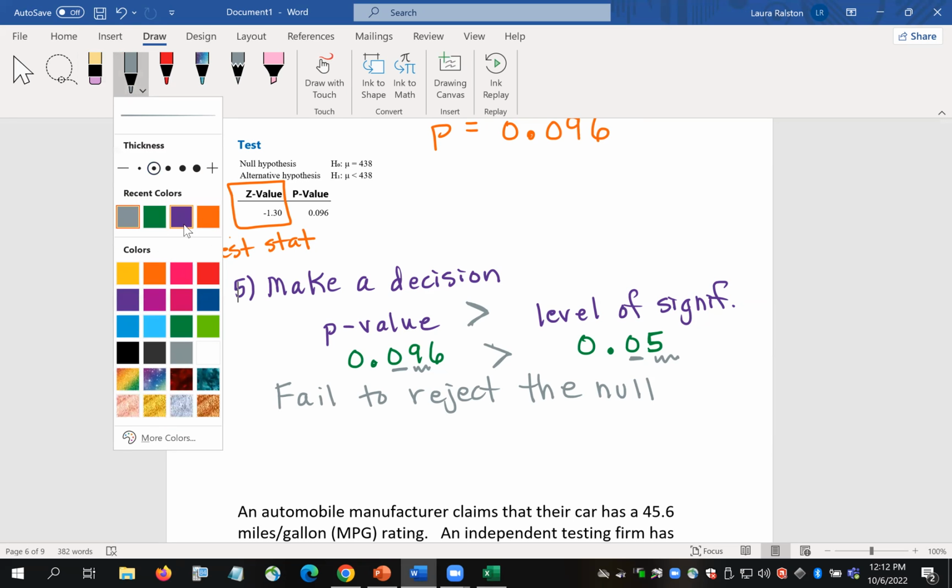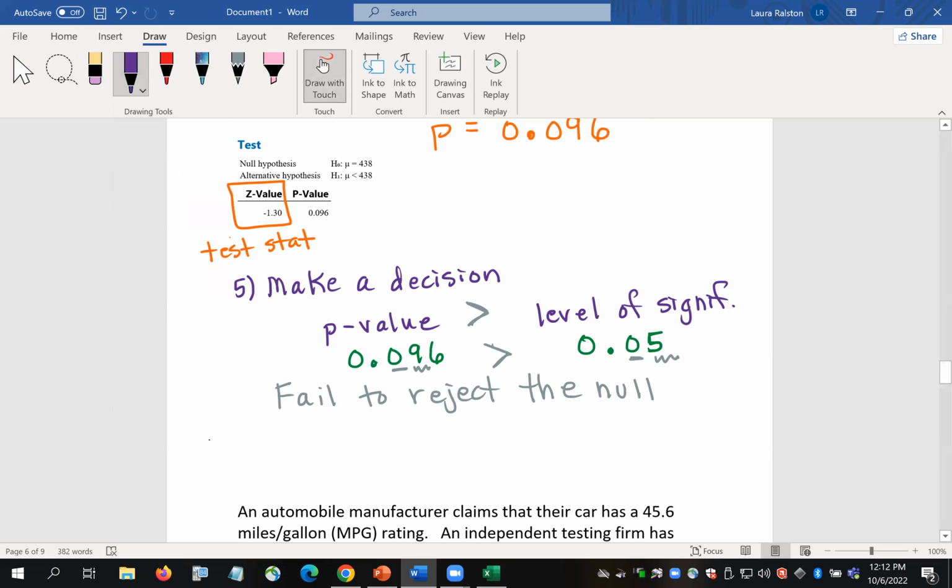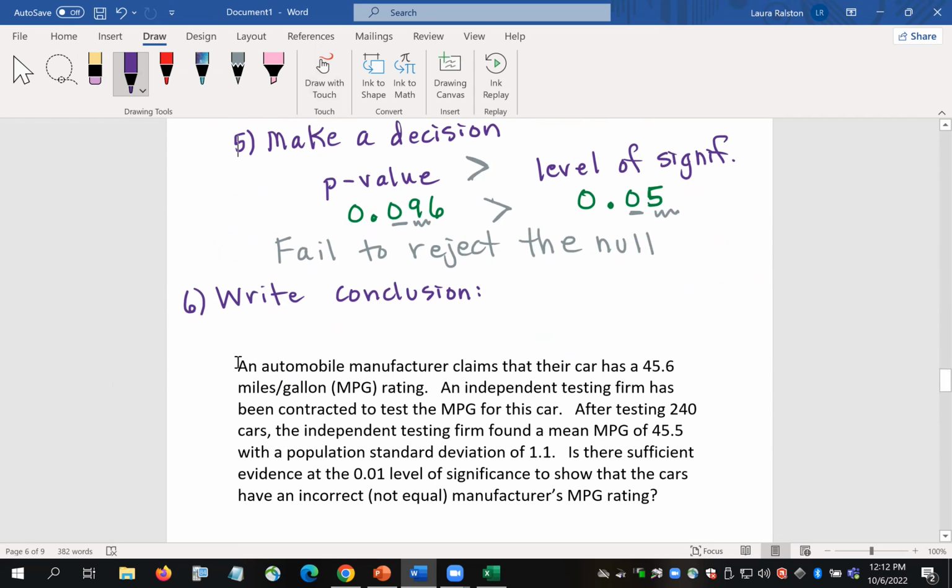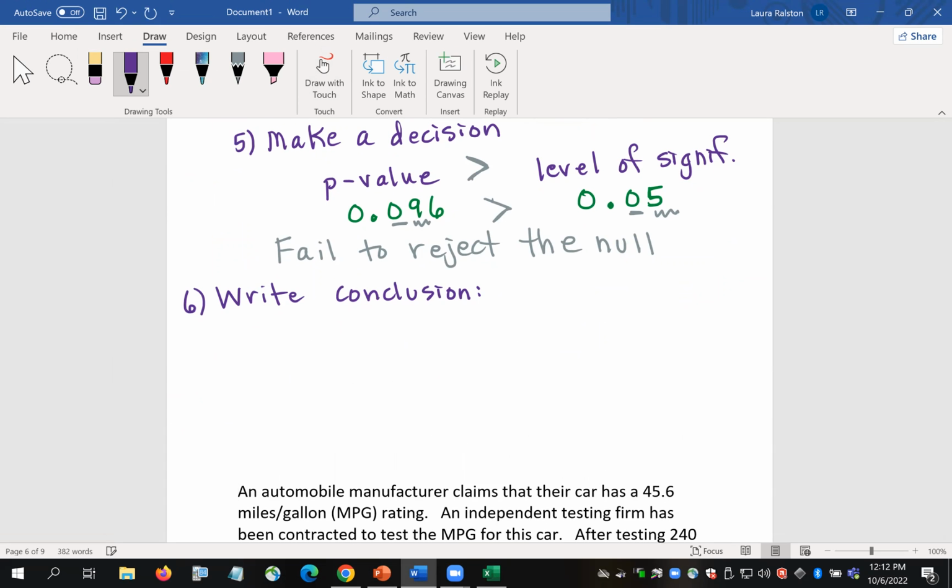And then the last step is to write your conclusion. Your conclusion should always include the level of significance. You can usually, I either tag it at the beginning or at the end. So I'm going to write it at the beginning here. At the 0.05 level of significance. And then I've got to write my conclusion, but I got to figure out what my conclusion should be.